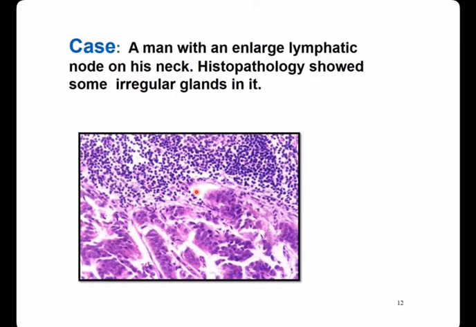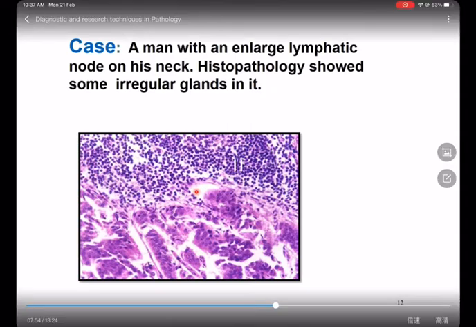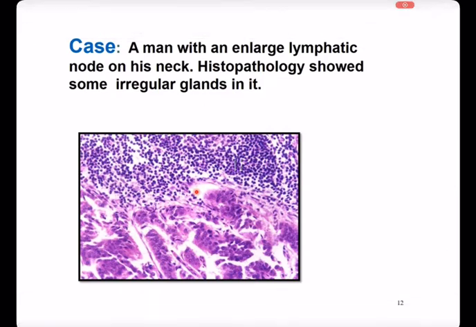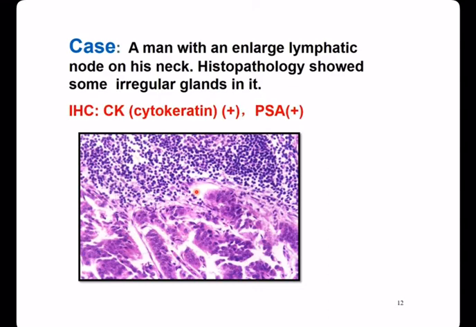Then there comes another question. Where do the malignant cells come from? It could have been from stomach, colon, even lung. So the pathologist decided to use the IHC technique. The tests showed CK and PSA were both positive in gland cells.